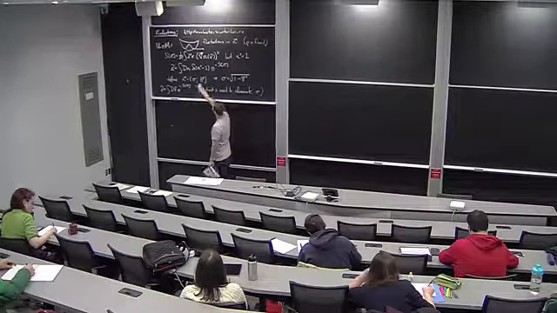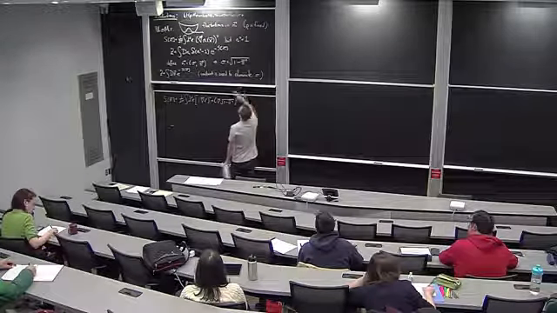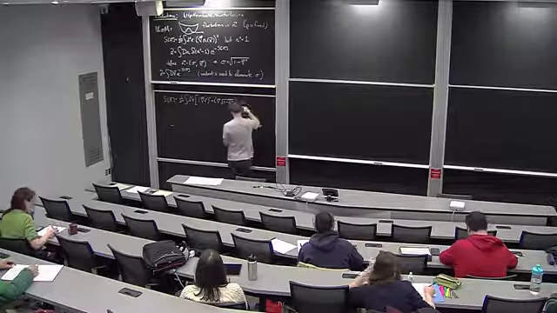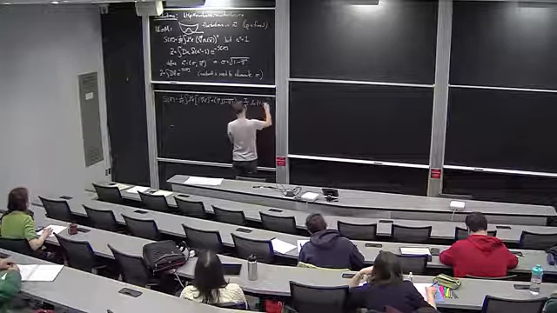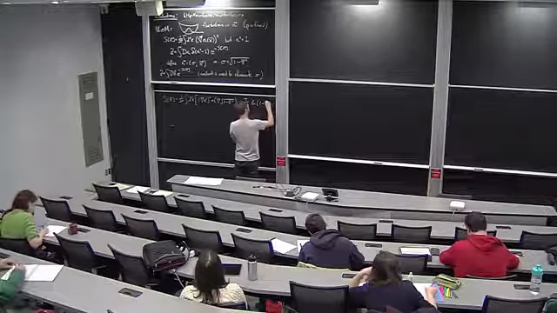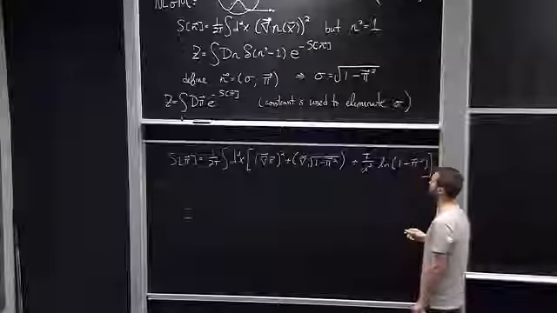And then this constraint, the delta function, we brought into the exponential, and that gave us a log, which we wrote like this.